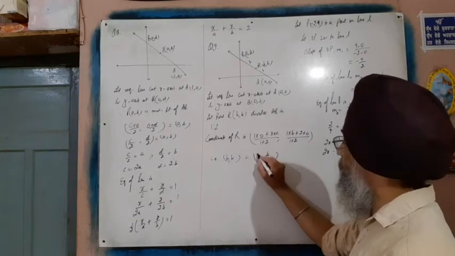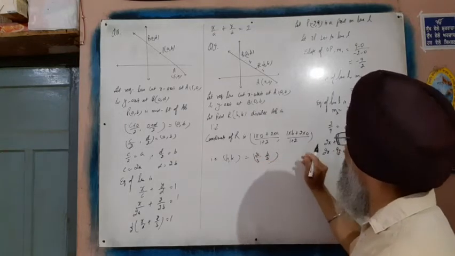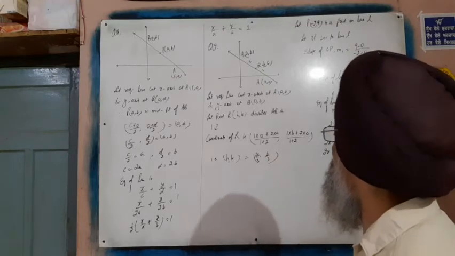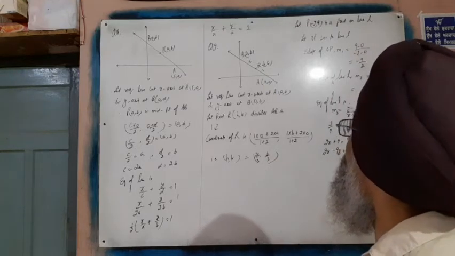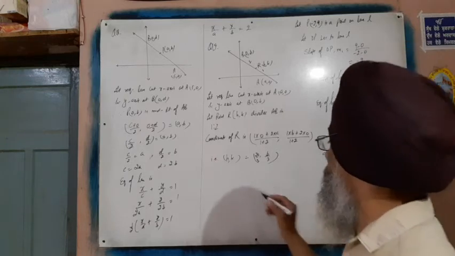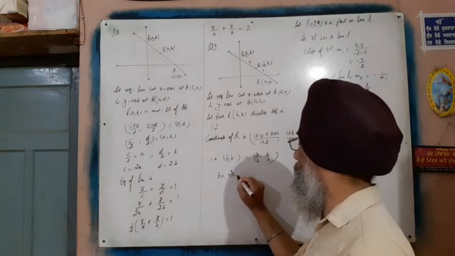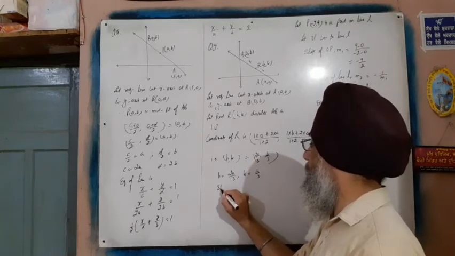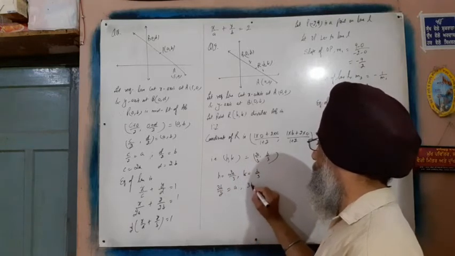It comes to 2a upon 3 and b upon 3. Since the coordinates of R are (h, k), h is equal to 2a upon 3 and k is equal to b upon 3. So 3h upon 2 is equal to a and 3k is equal to b.